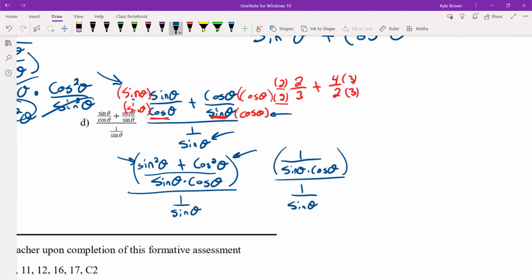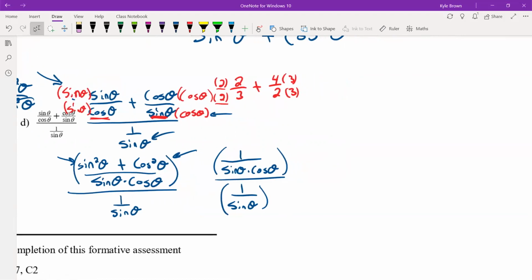So it's like this over this. And whenever you're dividing by a fraction, it's the same as multiplying by the reciprocal. So let's write this a little differently. This is 1 over sine theta times cos theta, times, and then flip this guy upside down, sine theta over 1. All right, so those cancel, sine theta, sine theta.